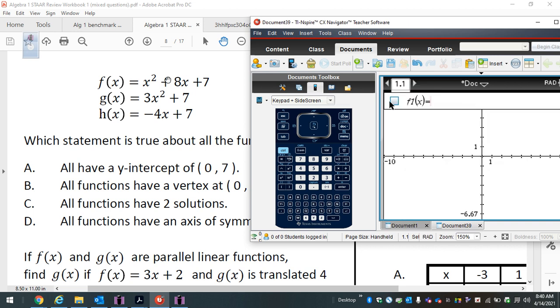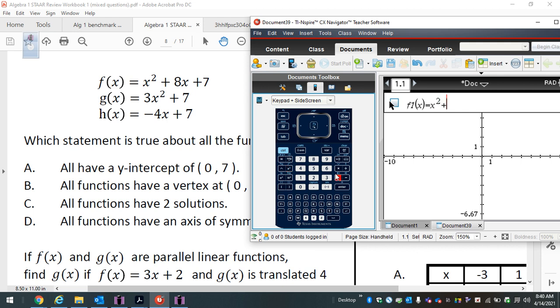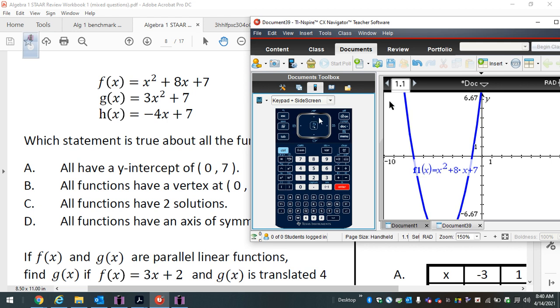First one will be x squared plus 8x plus 7. And I'll press tab. Oh, my bad. And then I'll type in the next one, 3x squared plus 7. Whoa, where's that one?